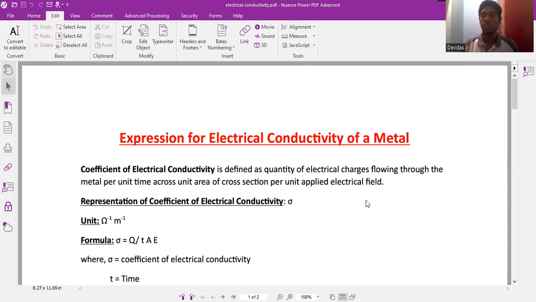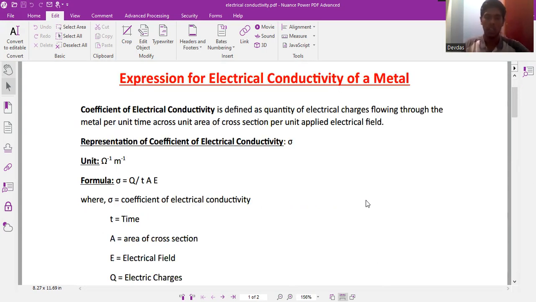So first of all, what is electrical conductivity? To define electrical conductivity, let's go through the formula once and then define it. The formula is sigma equal to q by t A E, where sigma is the electrical conductivity, t is the relaxation time, A is the area of cross section, and E is the applied electric field.